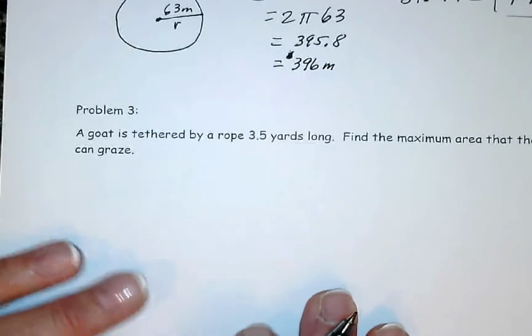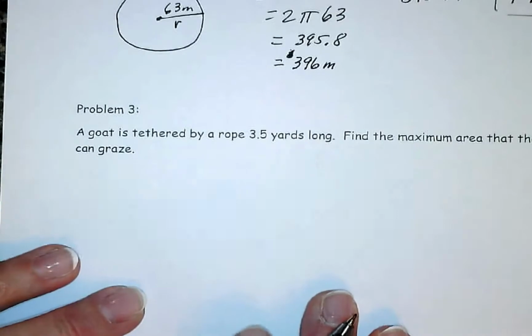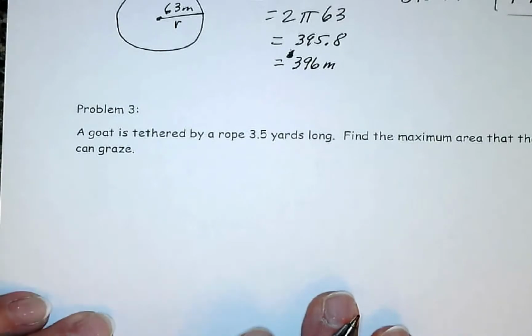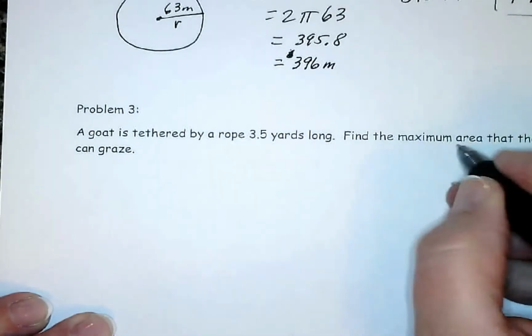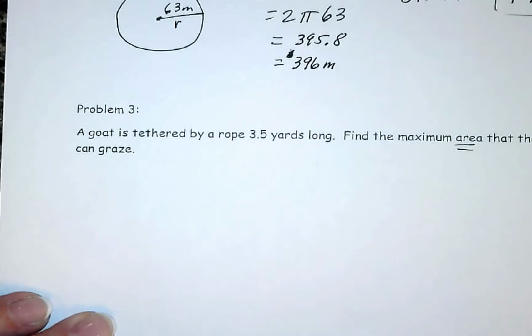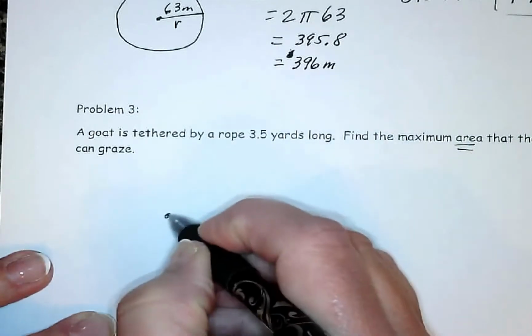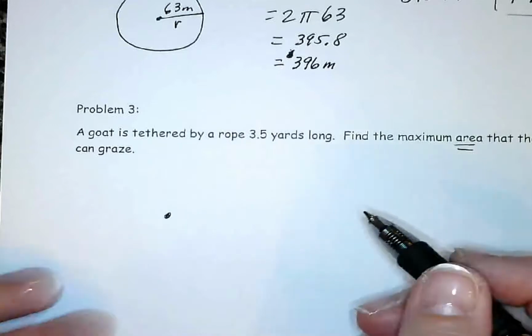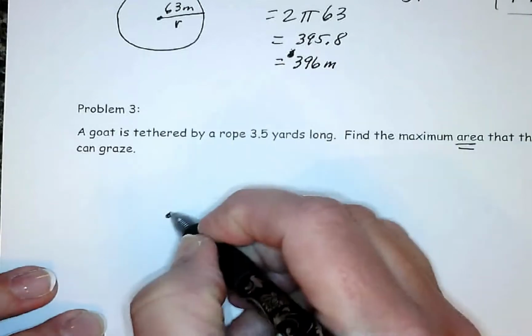The last one, problem number 3. A goat is tethered by a rope that is 3.5 yards long. What's the maximum area that the goat can graze? Well, that kind of tells us what to do. So if I think about it, if this is my point where the rope is attached, it's going to come out here.